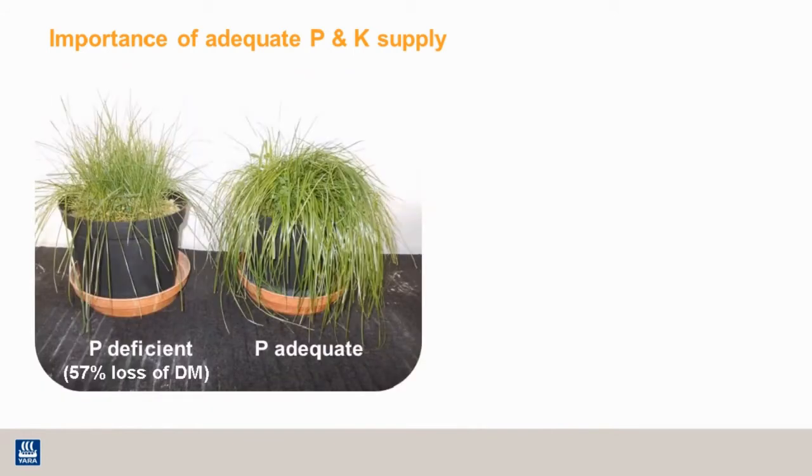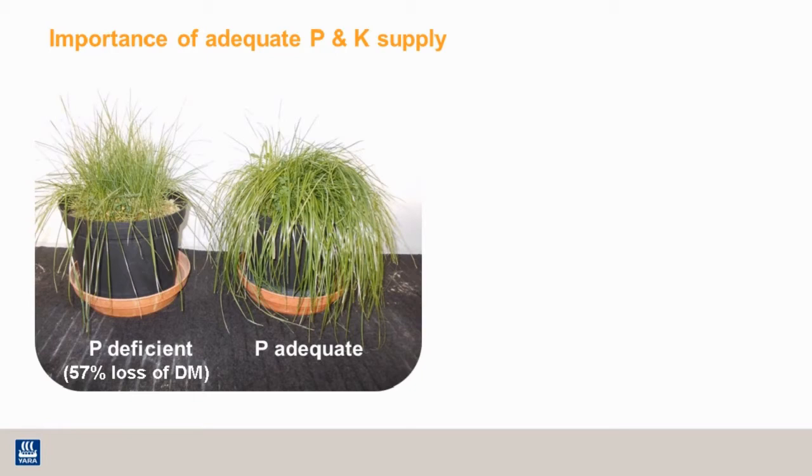But just going back again to the risks of deficiency, just to demonstrate, this is something we regularly showcase at our nutrient research glasshouse at the laboratory in Pocklington. Both these pots we can see now were sown with the same amount of grass seed on the same day. They both have the same light, the same water, and they've both been given exactly the same amount of nitrogen. But the pot on the left, we've let that go short of phosphorus. So we've pushed it into index 0 or 1, if you like.